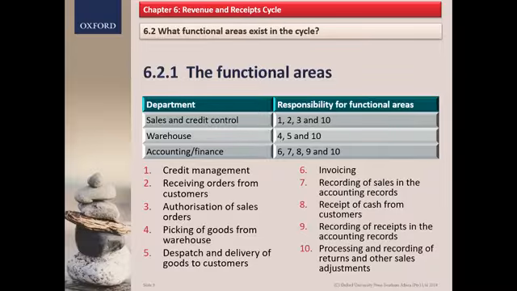Receiving of orders from customers, that is a functional area where orders are received, inventory levels are checked, and so on and so forth, is done in this particular functional area.